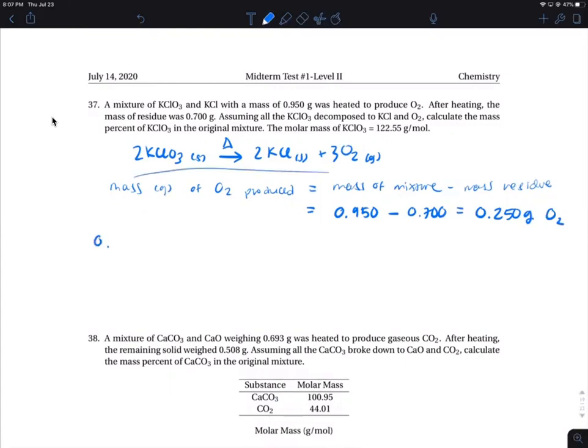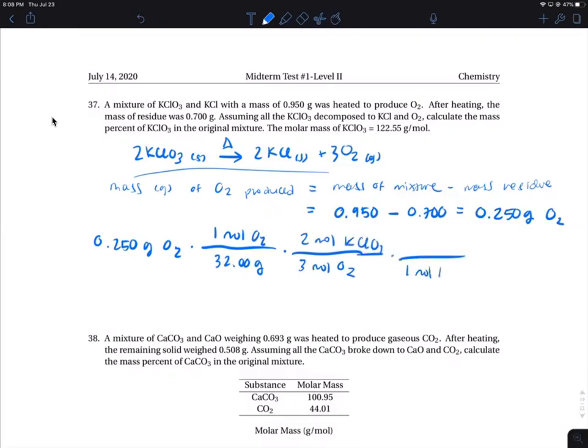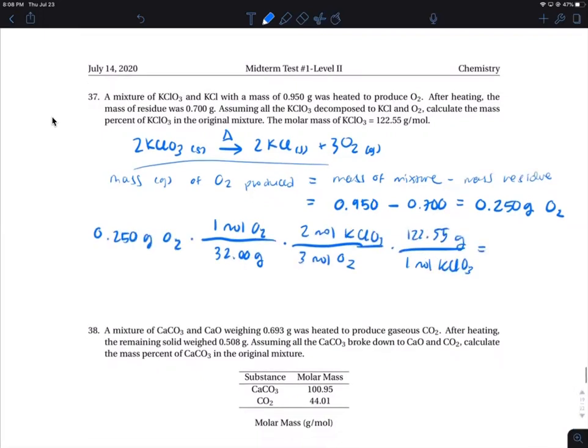All right, and now from here we can convert using this equation. So we have 0.250 grams O2. Let's convert into moles. 1 mole of O2 is 32 grams. And then for every 3 moles of O2, we have 2 moles of KClO3. And every 1 mole of KClO3, there are 122.55 grams from its molar mass. That is going to give us 0.63828 grams KClO3.